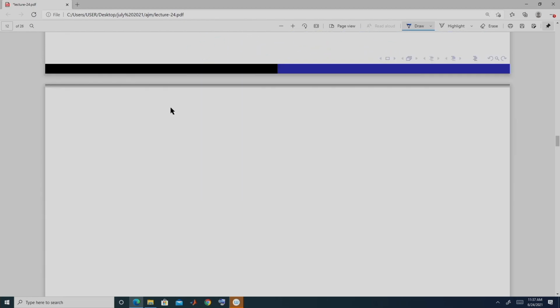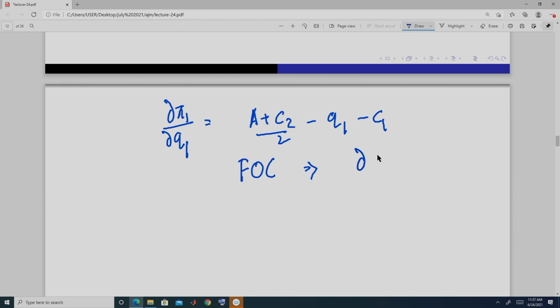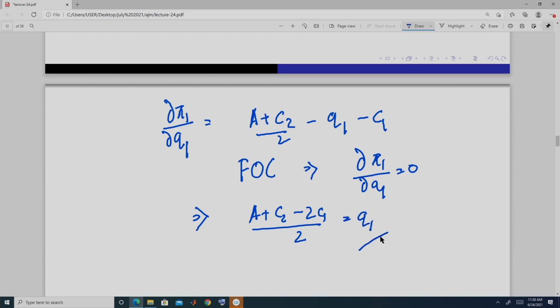The first order condition gives me this, and this is the output of firm 1 in stage 1.